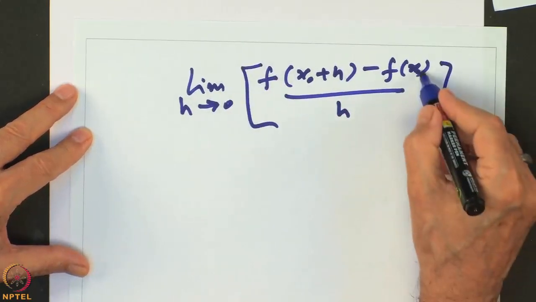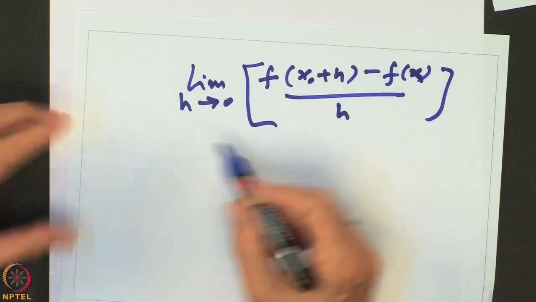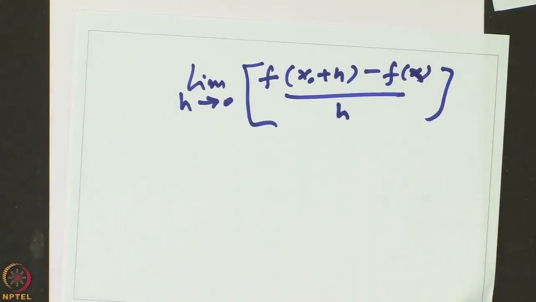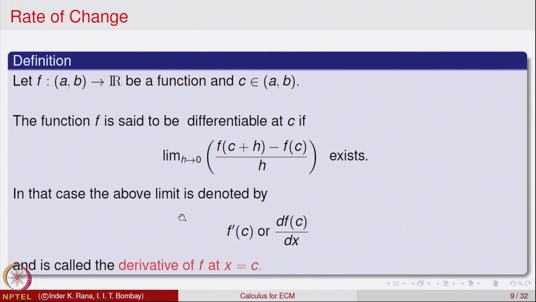This is the proportionate change for h, and the limit of this is what is important. We can think of this quantity, if it exists, as representing the rate of change of the function at the point x naught.